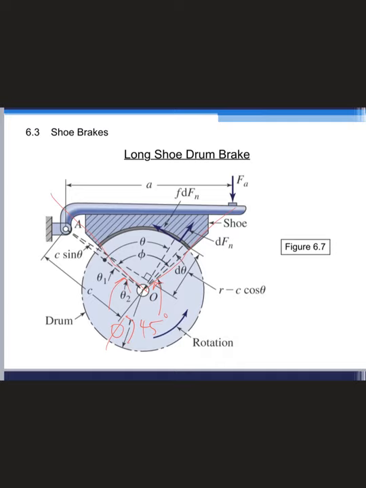In long shoe drum brake, we assume that the pressure which occurs between the shoe and the drum is not uniform, where it varies from this distance until this distance.